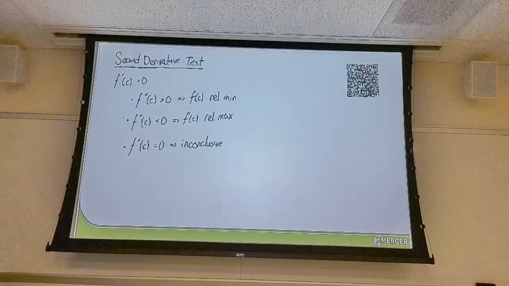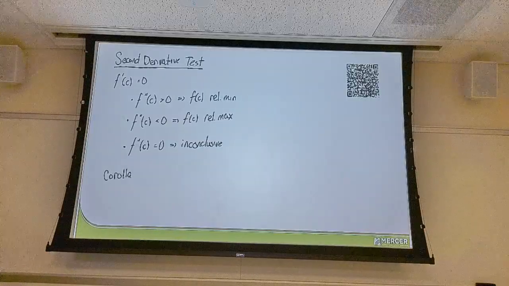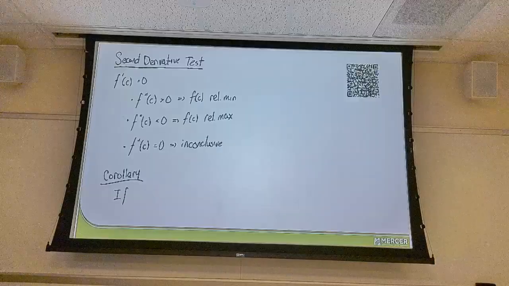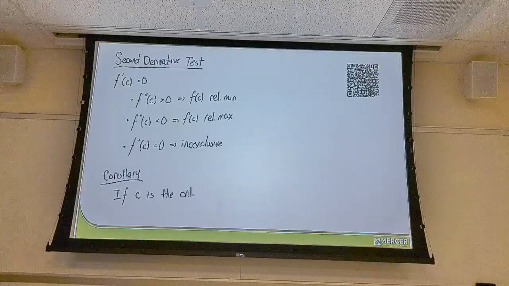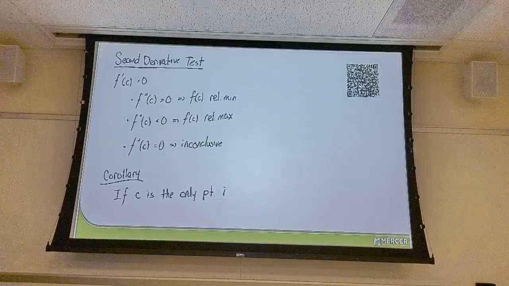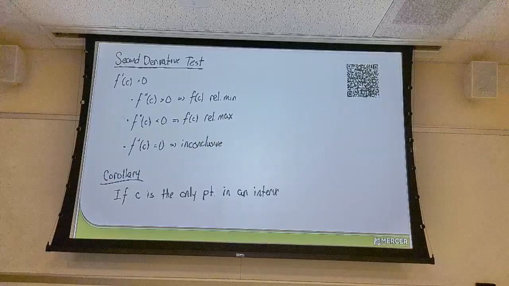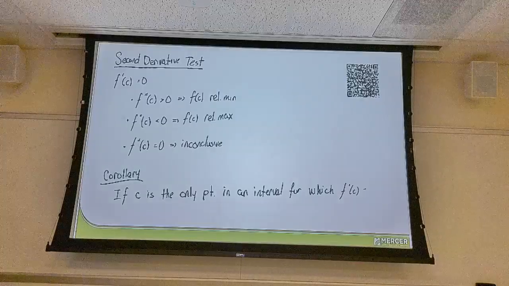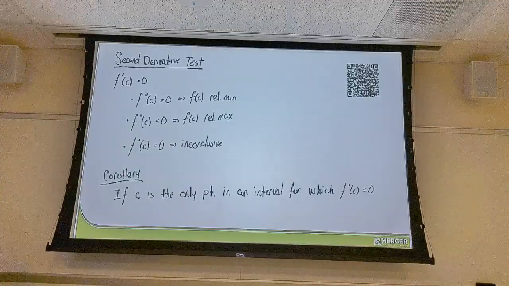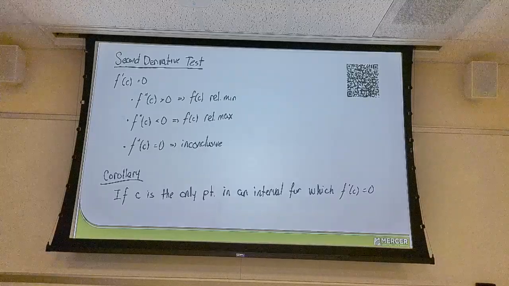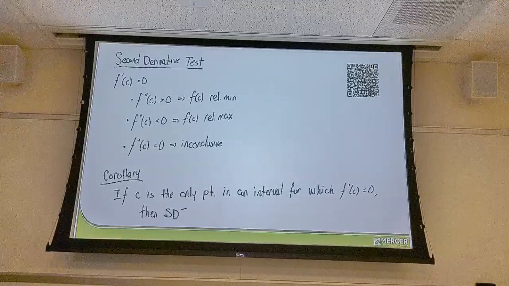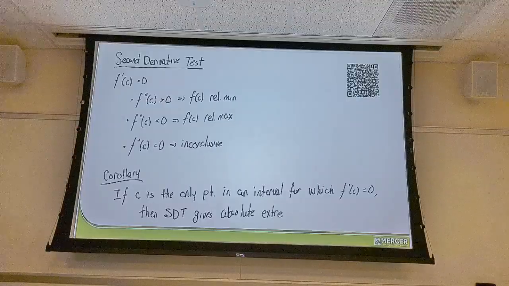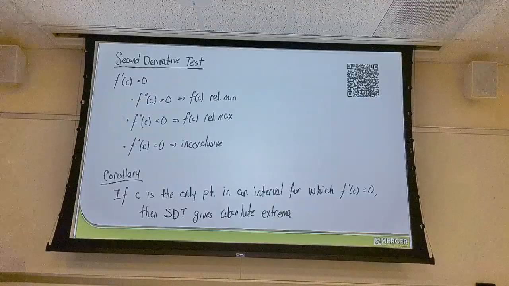There's a corollary to the second derivative test, which states if c is the only critical point in that interval, then the second derivative test doesn't give you relative, it gives you absolute.